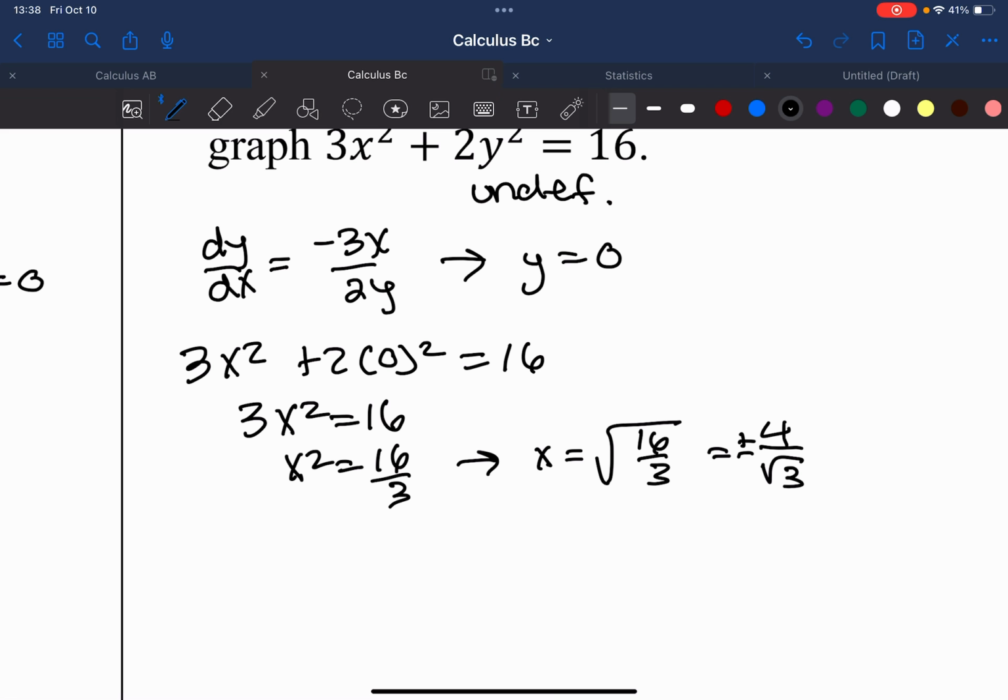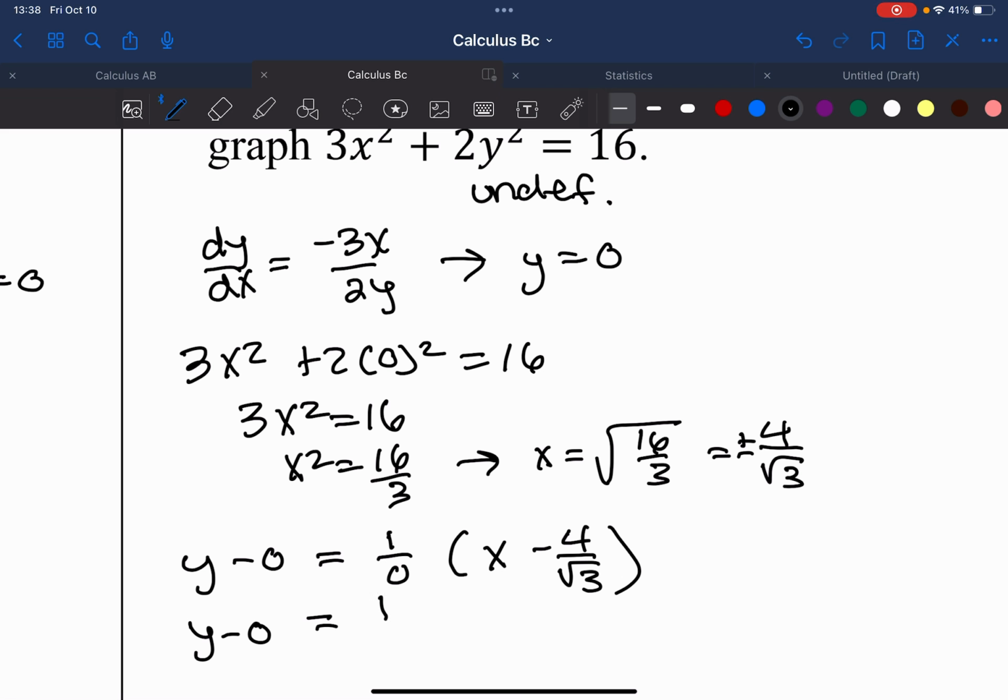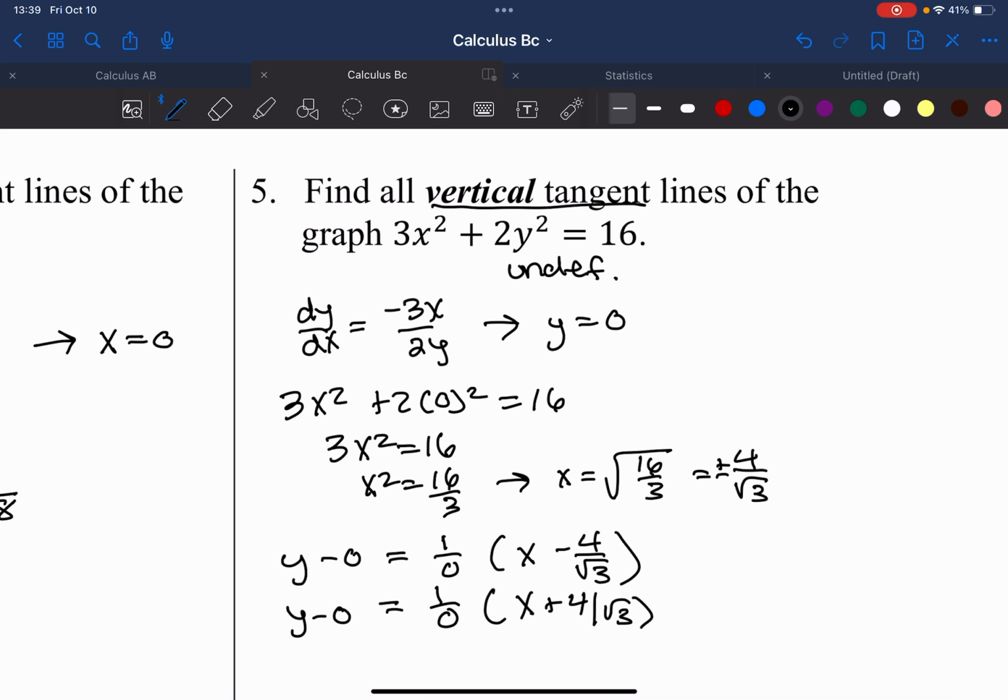So this would be saying y minus 0 is equal to, let's just say 1 over 0 for undefined, right, times x minus 4 over the square root of 3. And y minus 0 is equal to 1 over 0 times x plus 4 divided by the square root of 3. Those would be our two possible vertical tangent lines.